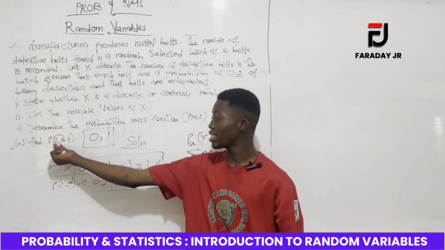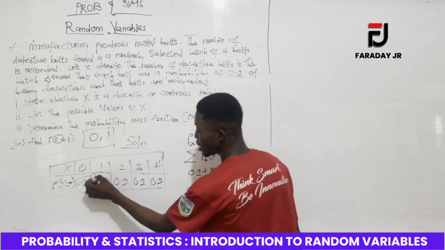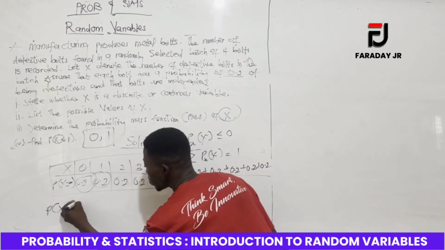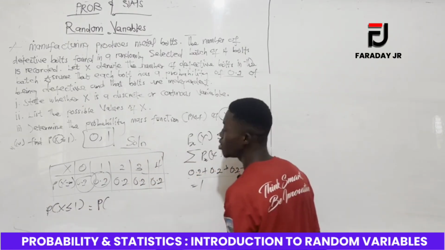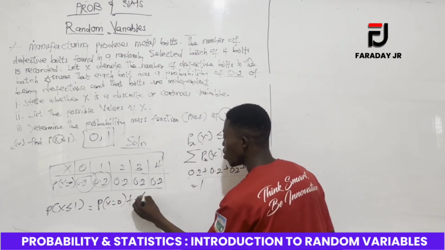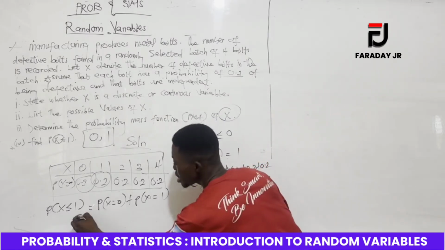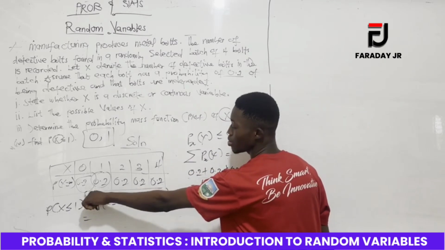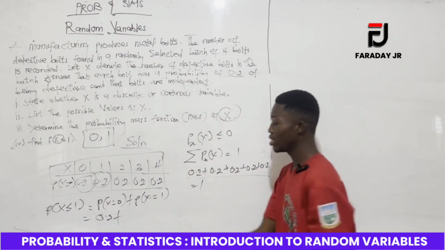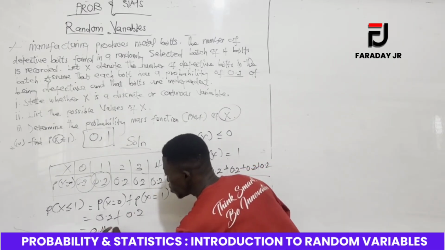So the probability of x less than or equal to 1 is simply adding these two: the probability of x equal to 0 plus the probability of x equal to 1. That is 0.2 plus 0.2, which gives us 0.4.